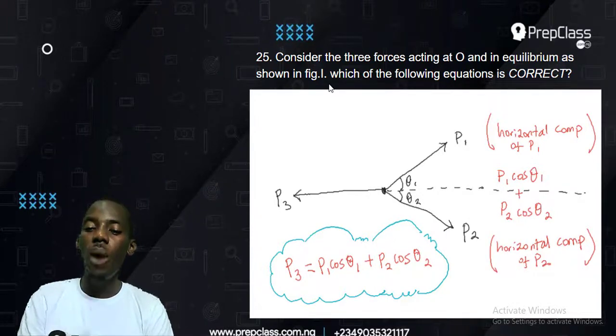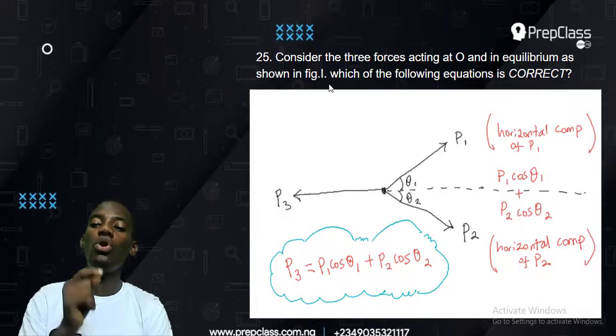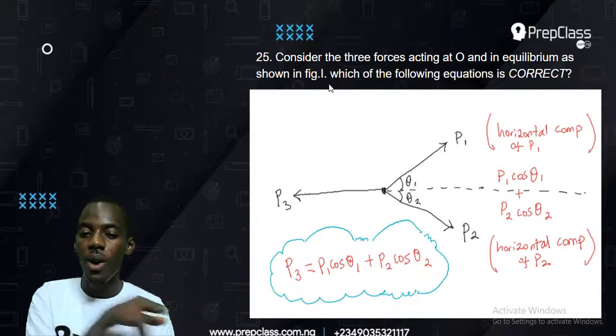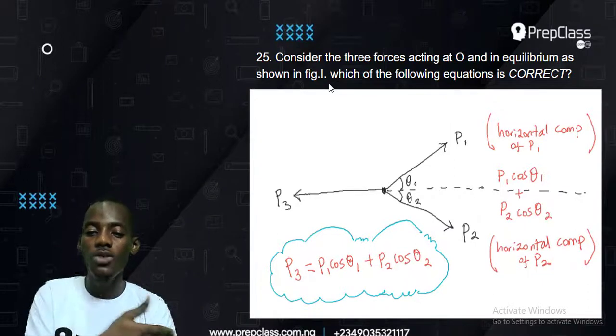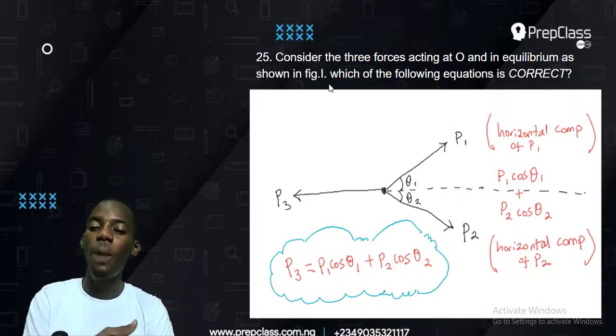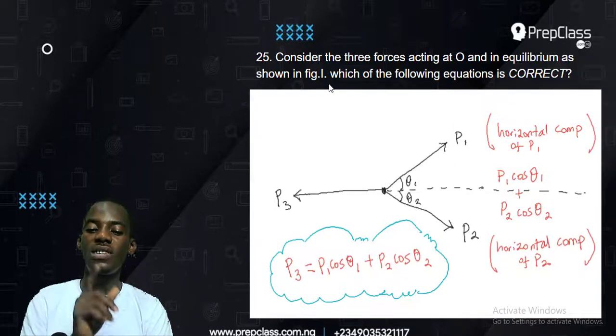Then for the one below, you will need to find the horizontal component, which becomes P2 cos theta 2. Now, to find the force moving this way, opposite to P3, you will need to add up P1 and P2, that is P1 cos theta 1 plus P2 cos theta 2.